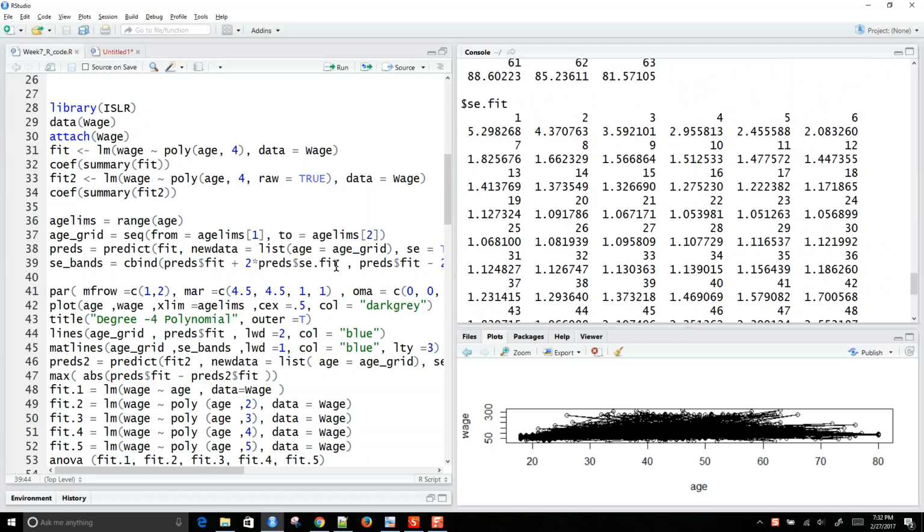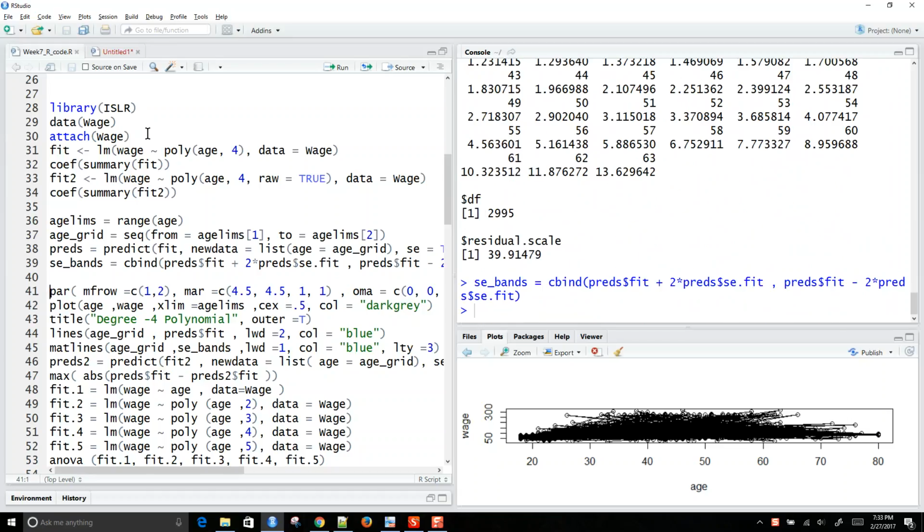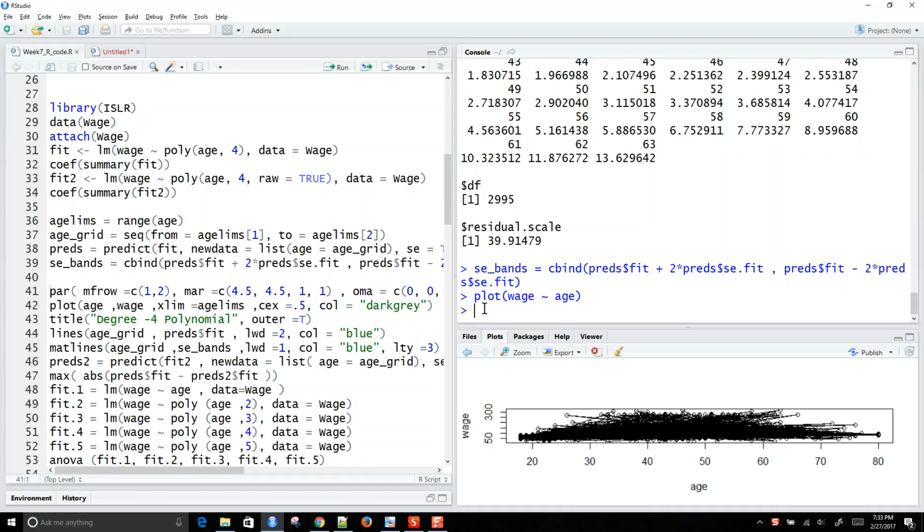So let me just, okay, and so here, it's hard to see with all of these things, but we get our confidence interval bands of our predicted wages for all of these different ages.